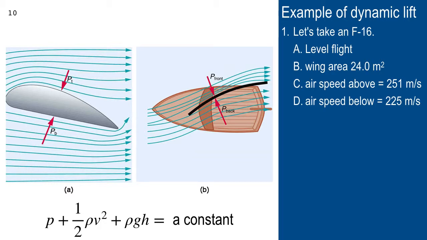The idea is that the fluid has to move a little bit further in the same amount of time across the top, because of this bump. And so the flow down here is slower, high pressure; up top is faster, low pressure. Pressure differential, upward, therefore dynamic lift. So all you have to do is figure out your pressure differential and then the area of your wing, and you're good.